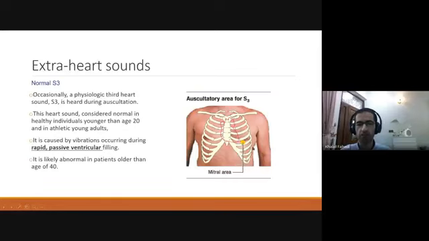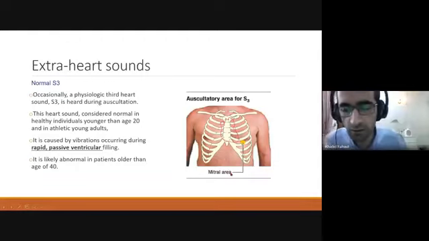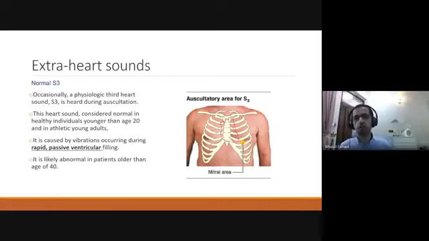And since the apex corresponds to the left ventricle, it is best heard here in the mitral auscultatory area. Clear, students? The mitral area is usually variable, dependent on the position of the apex beat. This is then the left ventricular third heart sound.